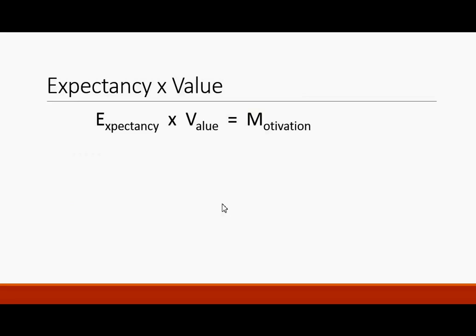Overall, the idea is that you can sort of multiply, not that you're using any actual figures, but it's the product of our expectations and how much we value the outcome that leads to some measure of how motivated we are to reach our goal successfully.